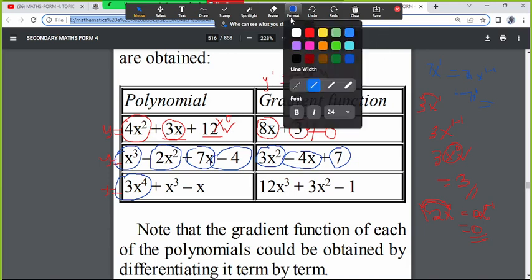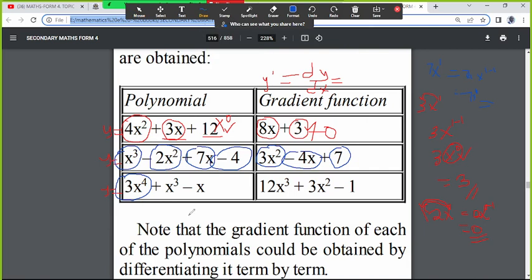So differentiating 3x to the power 4 becomes 12x to the power 3. Differentiating x to the power 3 becomes 3x squared. Here I make an assumption that we all know the process of differentiation.